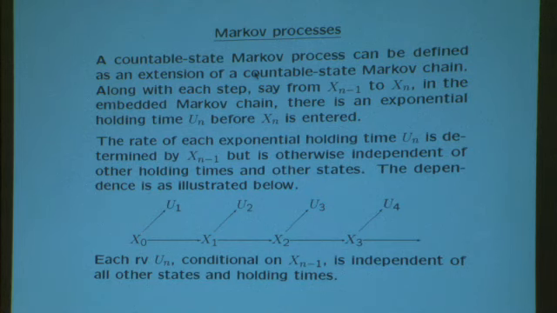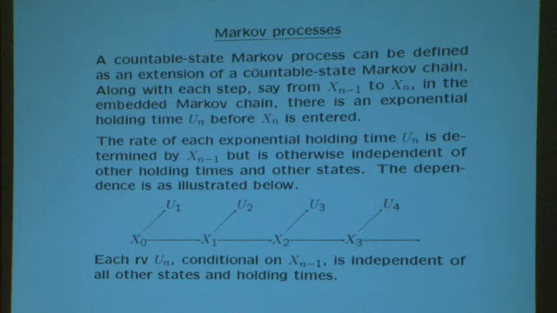We start out in state x0, which is usually given. If it's not given, it can be random. And then we go to state x1 after a waiting time u sub 1, go from x1 to x2 with a waiting time u sub 2.